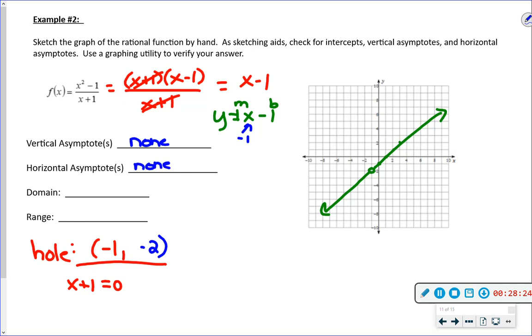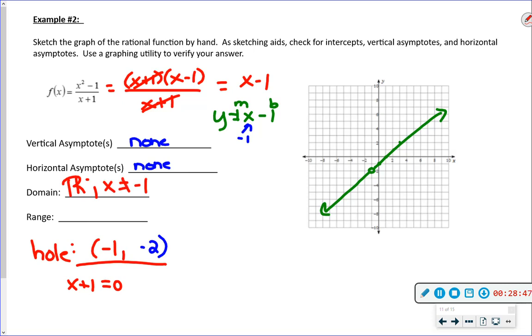But of course, we can answer domain and range. Okay, so domain, of course, x left to right. Well, my green diagonal line goes all the way left, all the way right, but we have this little hole, so I can use anything for x except -1. What's your range?